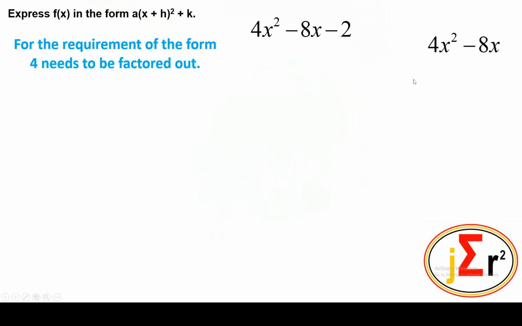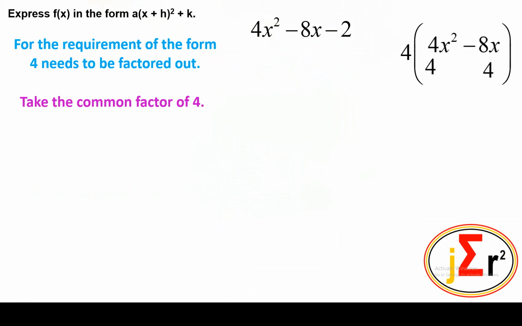So take the first two terms. Take the common factor of 4. When we take the common factor of 4, each of the terms will be divided by that common factor of 4. Those are eliminated to give x squared, and of course 4 into 8 will be 2 times.